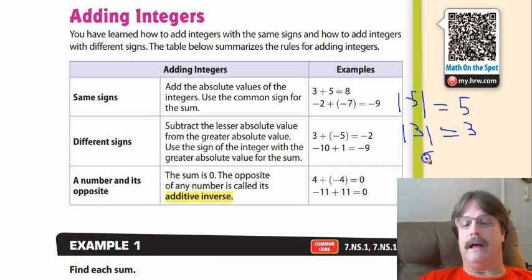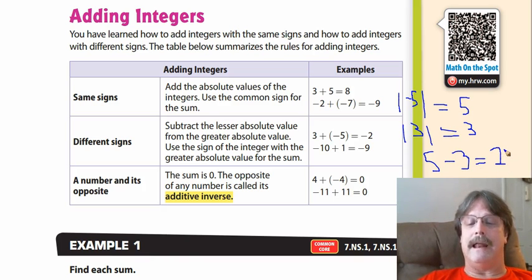I take 5 minus 3, and that equals 2. You've been doing that since 1st or 2nd grade. But then you take the sign of the integer with the greater absolute value. So basically you're taking the sign of negative 5, and that becomes negative 2.